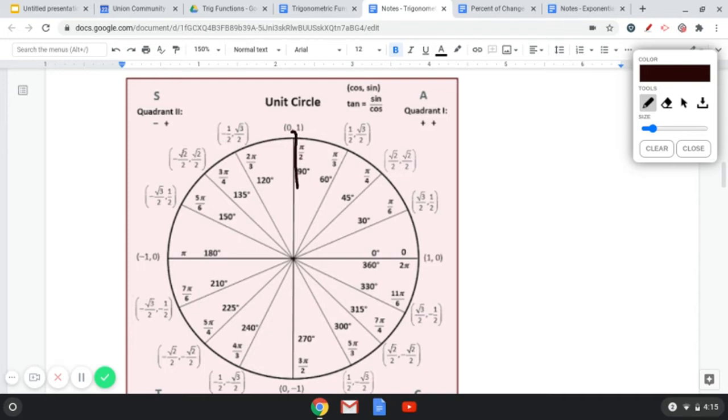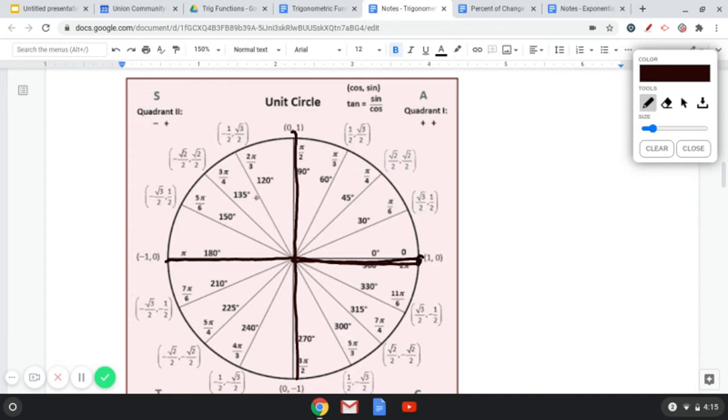This is the y-axis, and this is the x-axis. And this is a unit circle with a radius of 1. That's why if we start in the center and go out over here, this point is 1, 0, because we went over 1 and up 0, because this radius is 1.